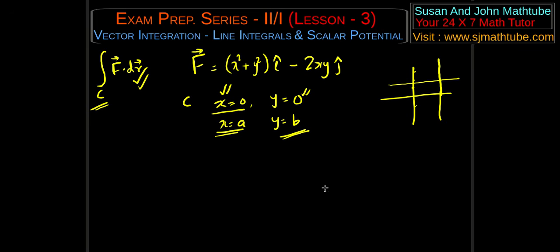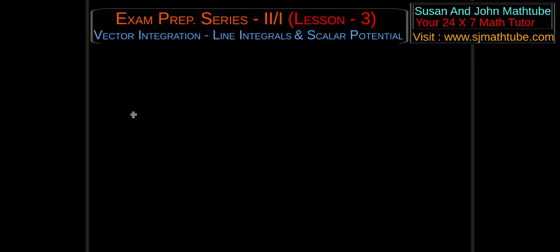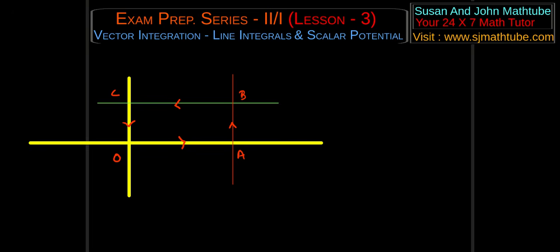So the first thing we need is a diagram. Let's start. We have our rectangle, and this is our x-axis, that is y equal to 0, and then this is a line parallel to the y-axis, that is x equal to a, and this is a line parallel to the x-axis, so this is y equal to b, and finally our origin.